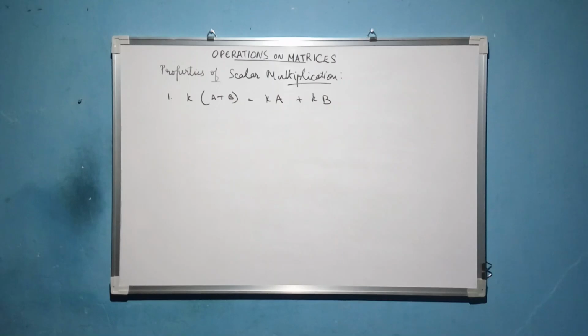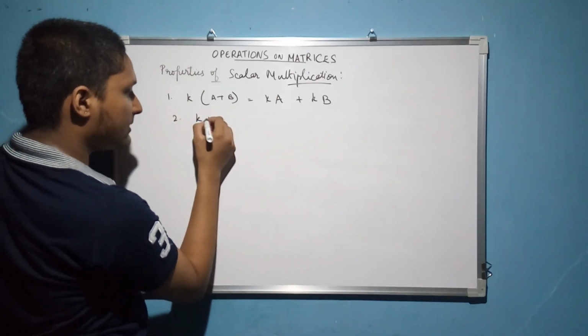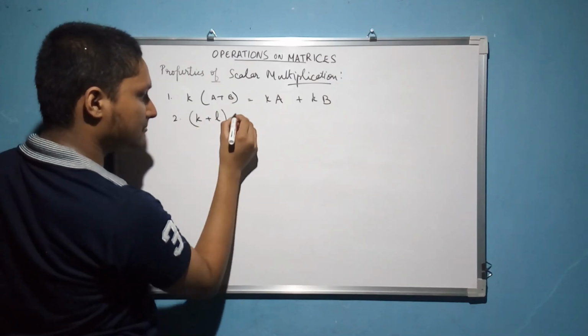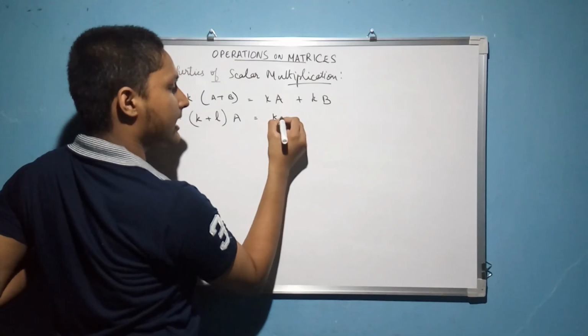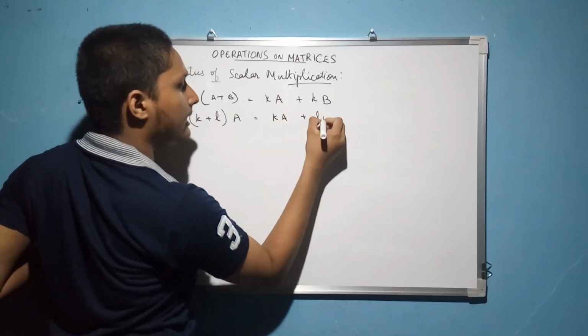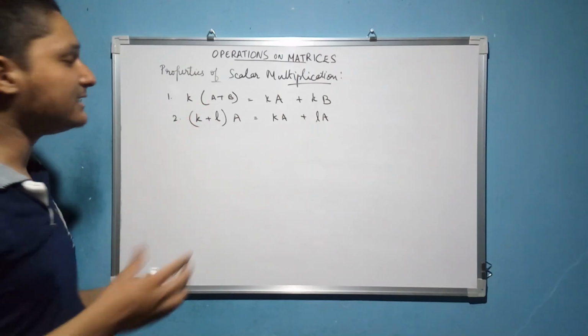So if I have k into A plus B, we are going to get k into A plus k into B. In the opposite way, if I have k plus L into some matrix A, this also you can write as kA plus LA. Here it was A plus B, where the matrices were added.